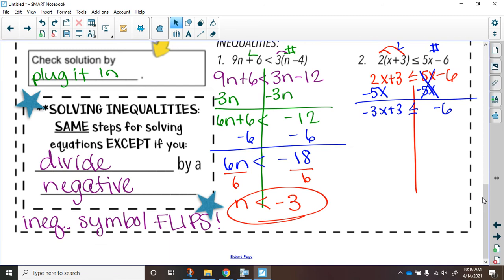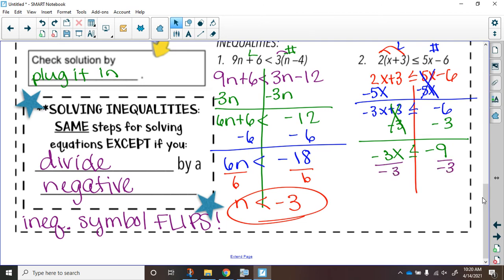Then I subtract 3 from both sides. When we do this, we're left with negative 3x less than or equal to negative 9. And finally, I have to divide by a negative 3.